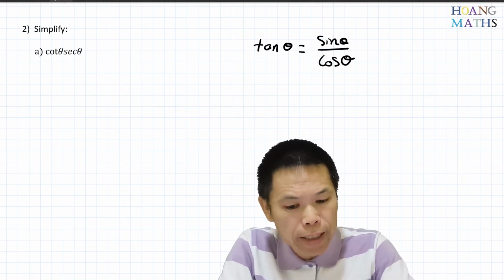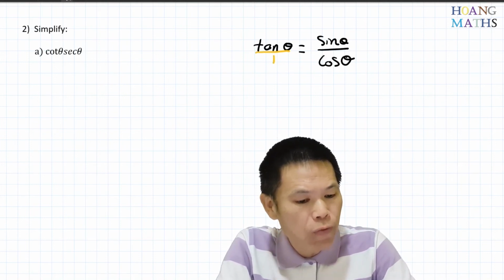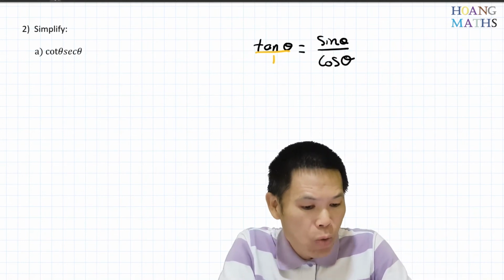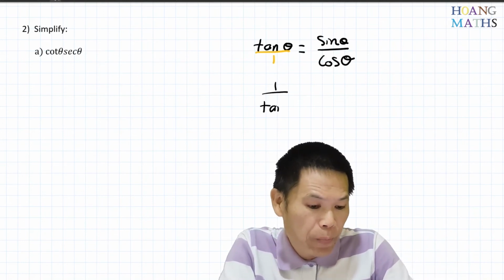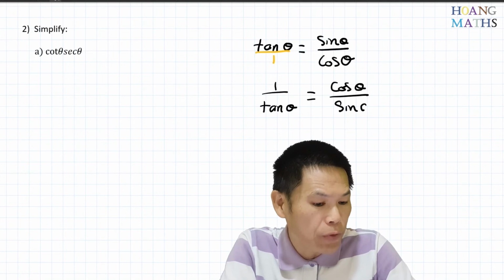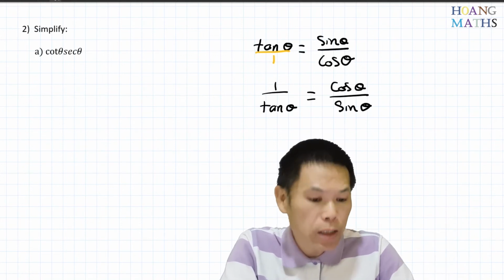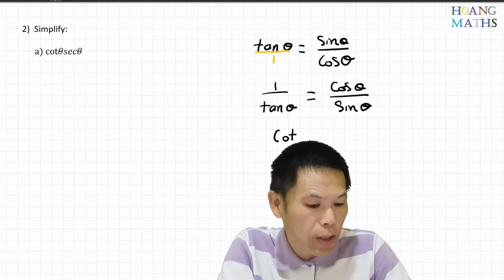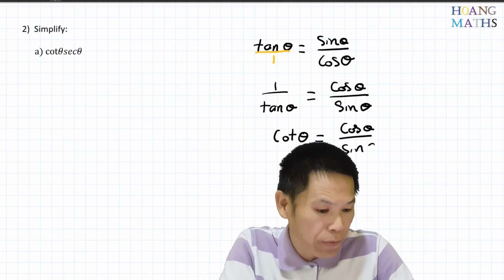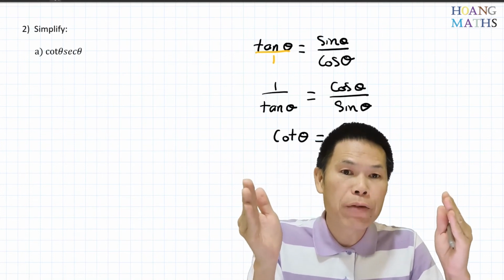So if we write this as like over 1 and we just flip both sides, that will give me 1 over tan of theta is equal to cos of theta over sine of theta. So in other words, 1 over tan is cot. So cot of theta is equal to cos of theta over sine of theta. So please keep that in mind for me, okay?